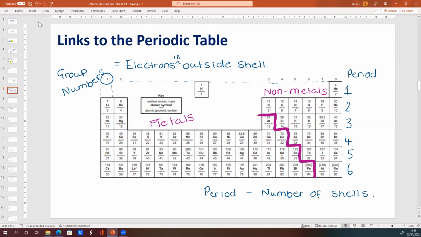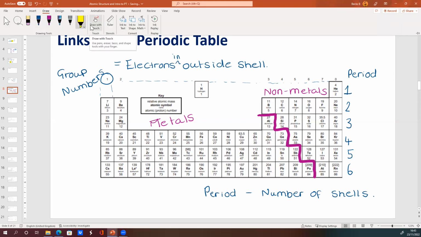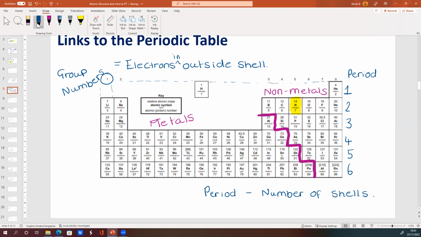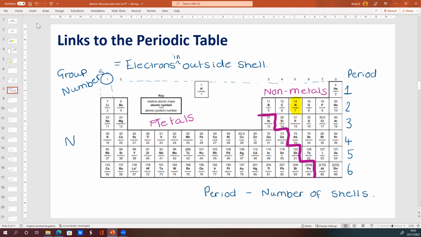And if we just quickly look at one, let's highlight it so you can see which one I'm looking at. We'll go for nitrogen here. So nitrogen, numbers are 14 and 7. So electrons, it has 7. So we're looking at that bottom number.